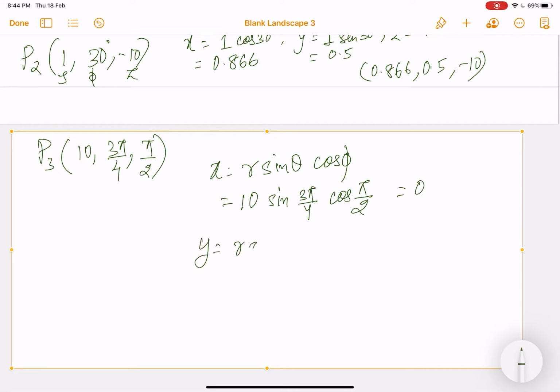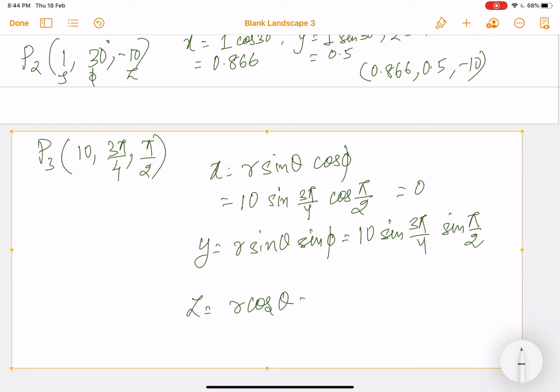The next is y, which is r sine theta sine phi. So what will you write? 10 sine 3 pi by 4 sine pi by 2, and then what is z? Z is r cos theta, so it will be 10 cos 3 pi by 4. You can use your calculator and just solve it. These are all practice problems.